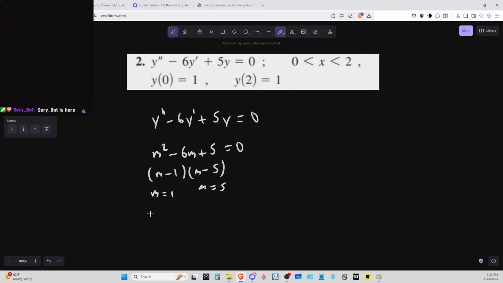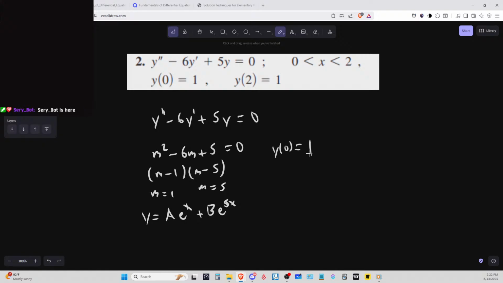Now we have y is equal to plus x, and then 5x. Okay, next we gotta do equals 1.